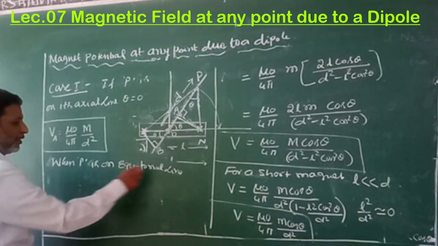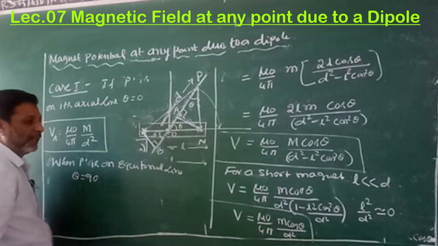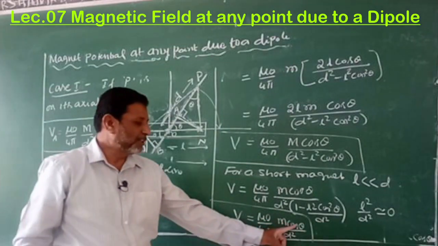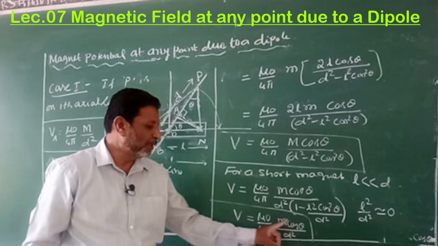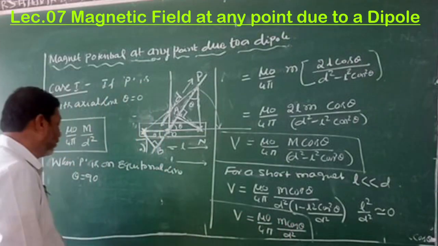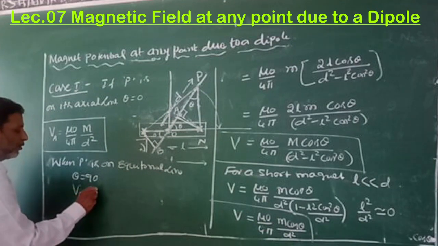Then when you substitute theta equal to 90, cos 90 is 0. 0 into something is 0. Therefore, the potential on the equatorial line is 0.